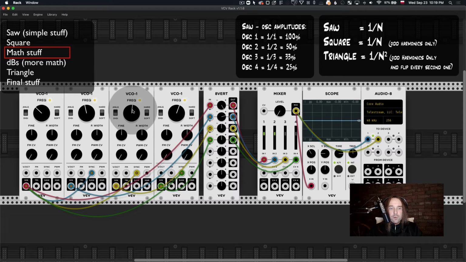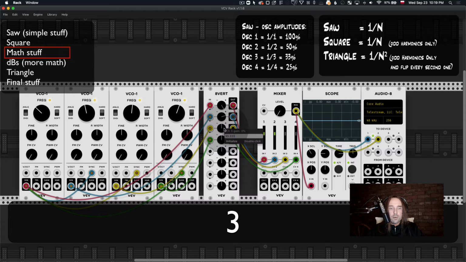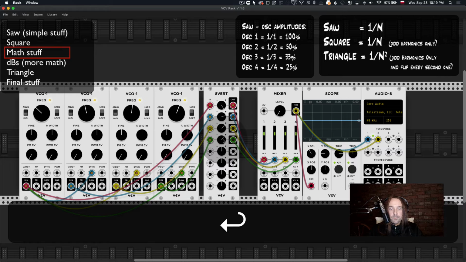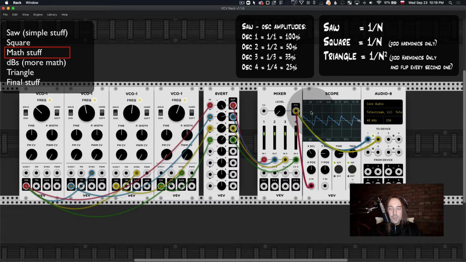Now the formula for the third one would obviously be 1 divided by 3, so we're talking about something like 33%. And finally, 1 divided by 4 is 0.25, so 25%, right? And notice that we get that sawtooth. If you fiddle more with precise values, you might even get a smoother waveform at this point.